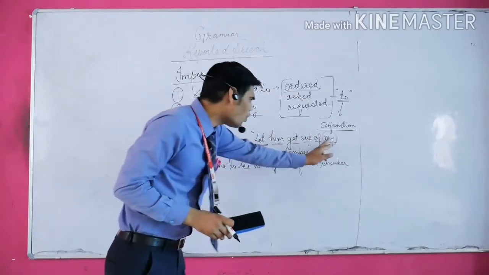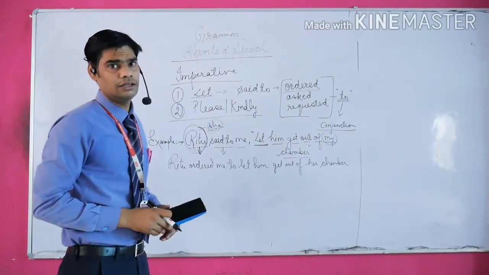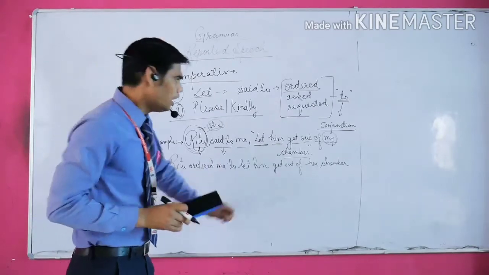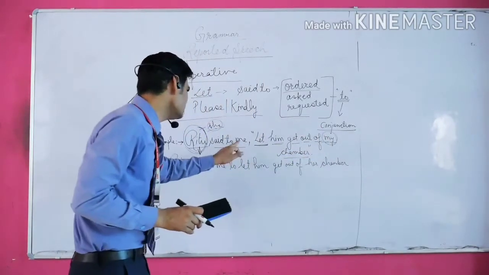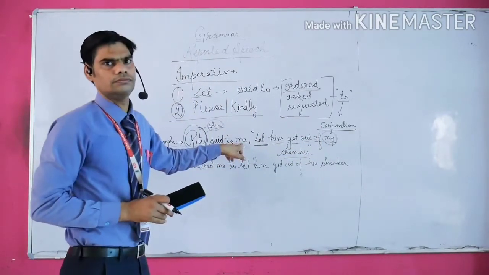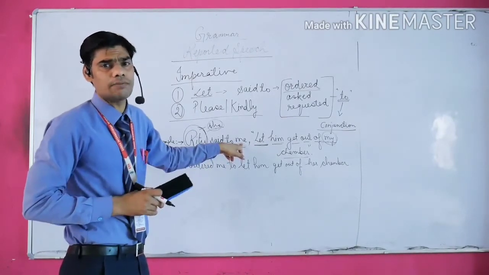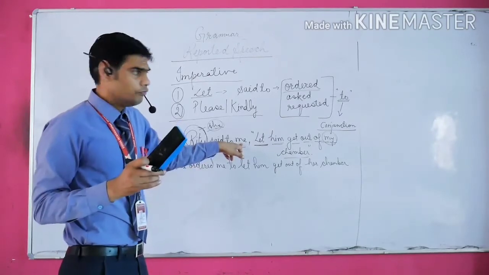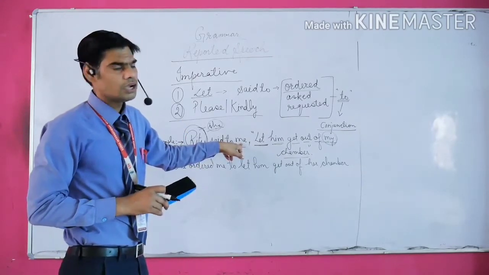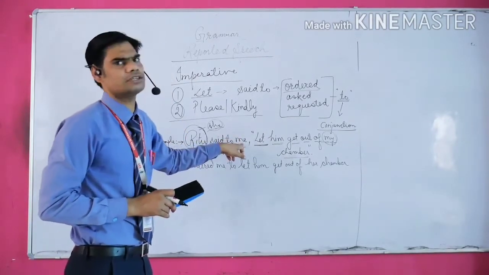And suppose if we write down here, think. If we write down here we will change according to object, as we have already discussed. Whenever we have second person, we will change according to the object given here.